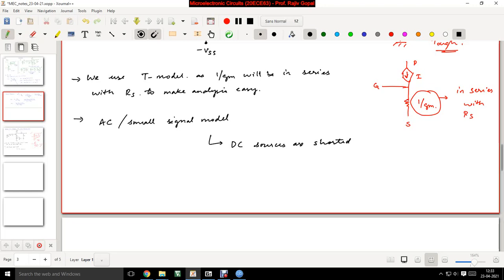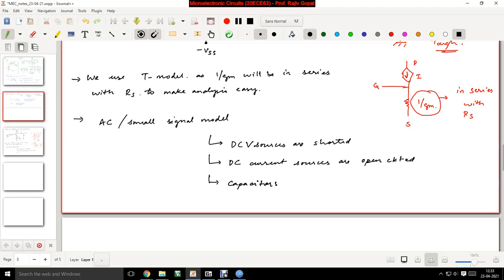DC voltage sources are shorted, DC current sources are open circuited, and capacitors are shorted.